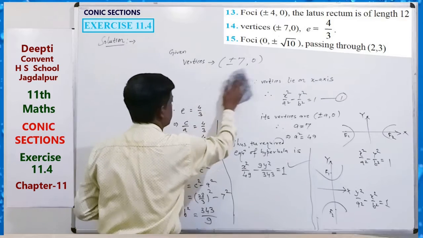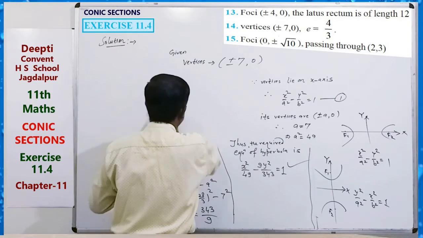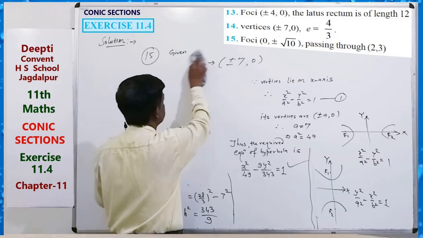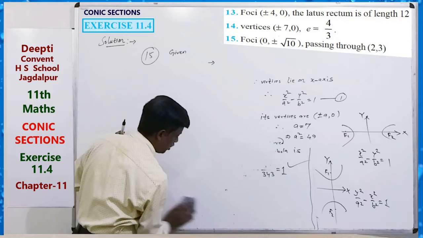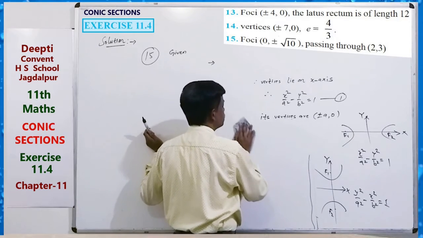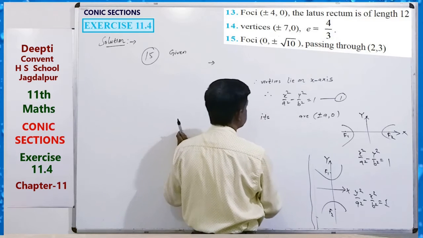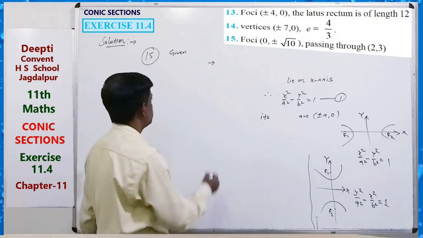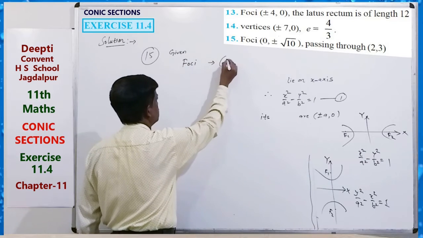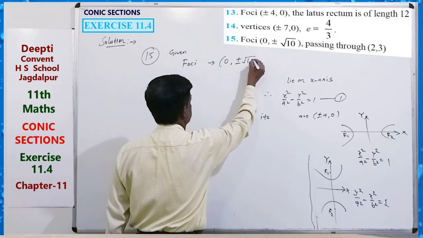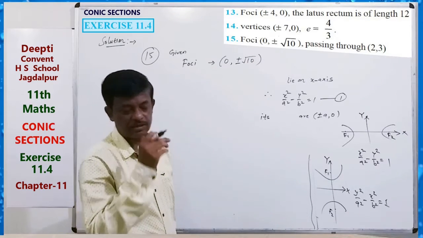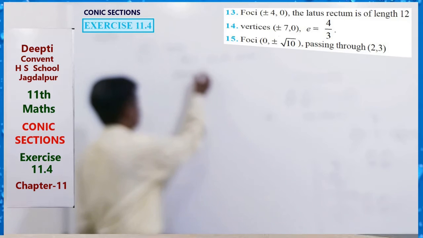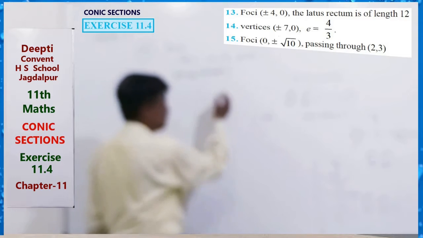In question 15, foci are 0, plus minus root 10, and passing through a point 2, 3.